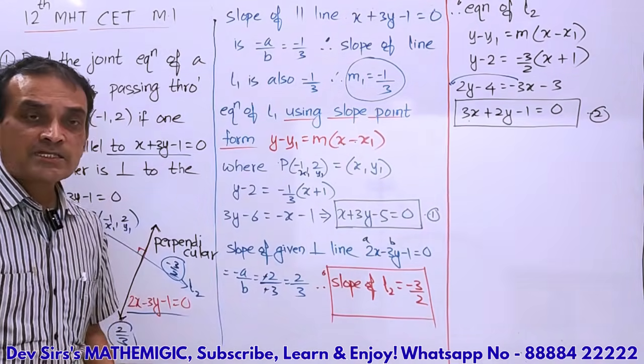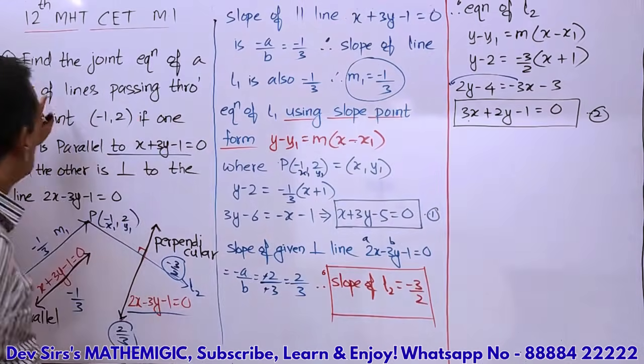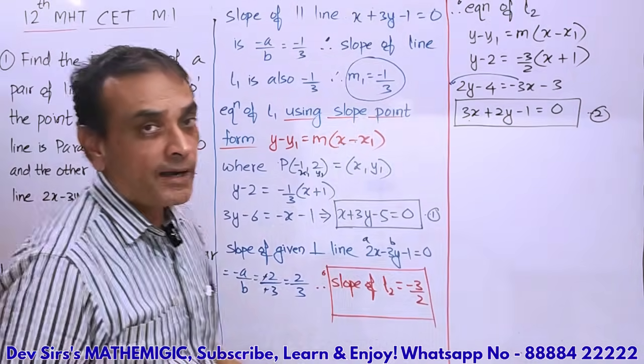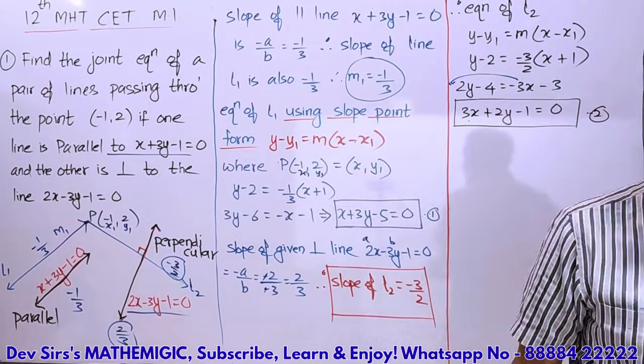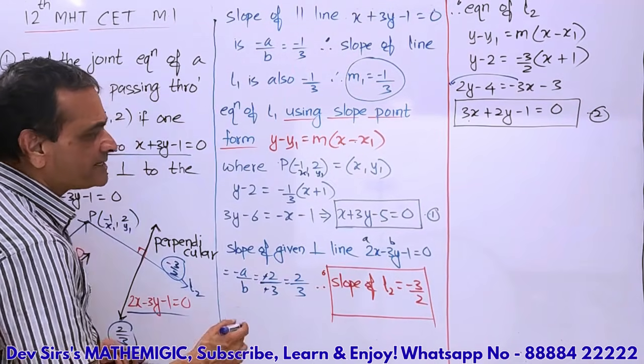But now the question asked is, find the joint equation of L1 and L2. Find the joint equation of the pair of lines. So how do you combine two equations now? By multiplying. Combining two means multiplying both brackets.